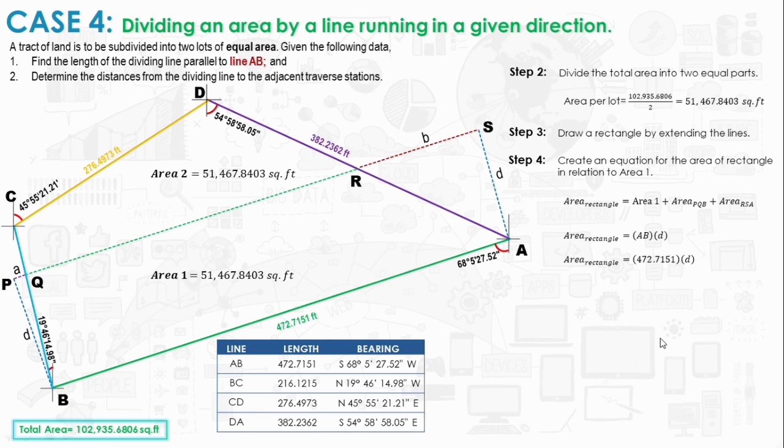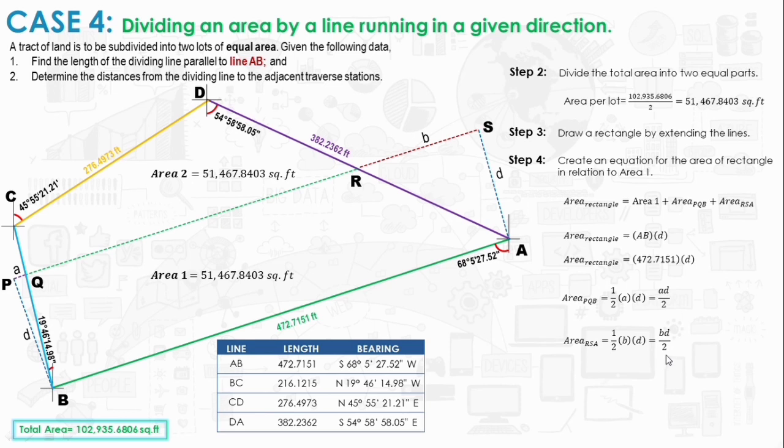So, therefore, area of PQB is 1/2 AD or simply AD over 2. Then, area naman ni triangle RSA is equals to, again, 1/2 of B times D or simply BD over 2.